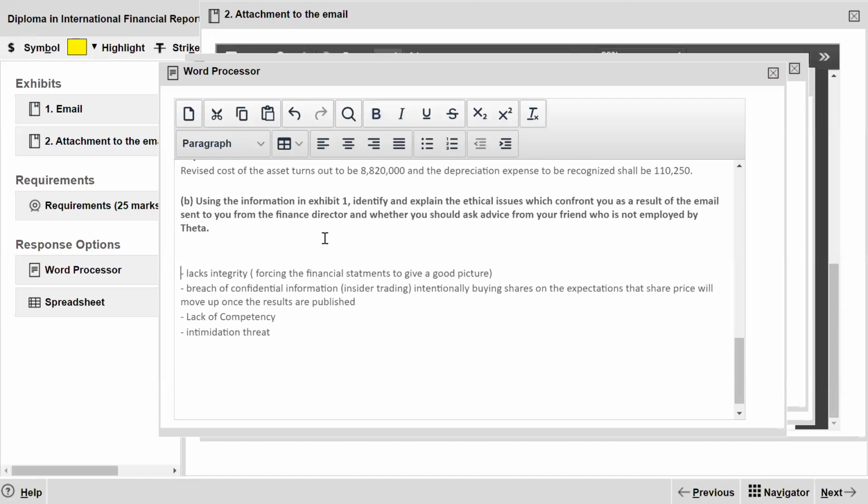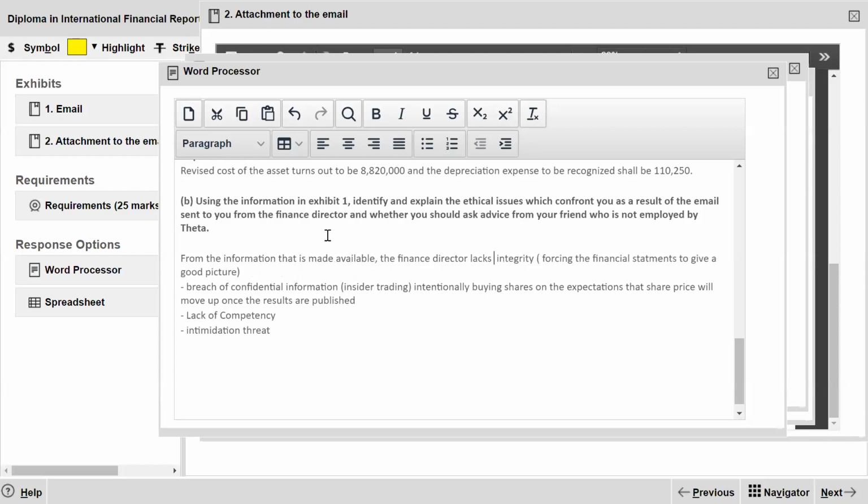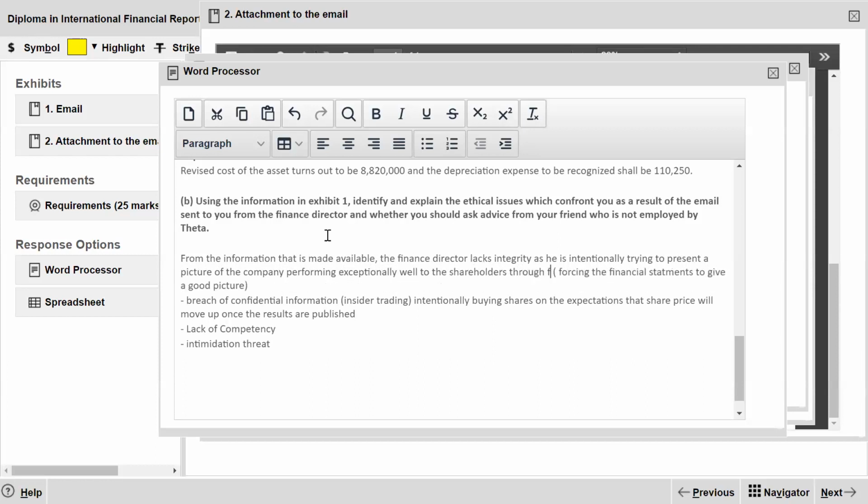See, what happens is that from the information that is made available, the finance director lacks integrity, as he is intentionally trying to present a picture of the company performing exceptionally well to the shareholders through forced accounting treatments.